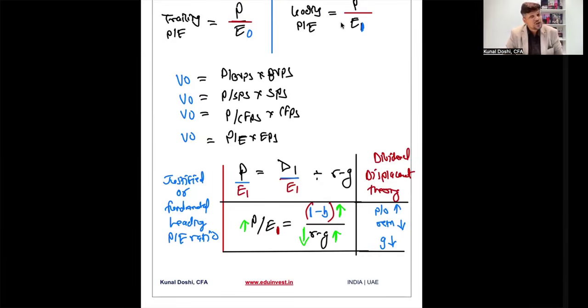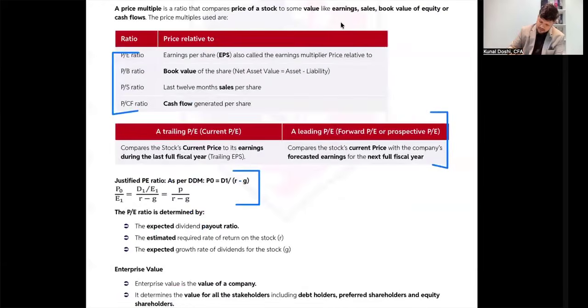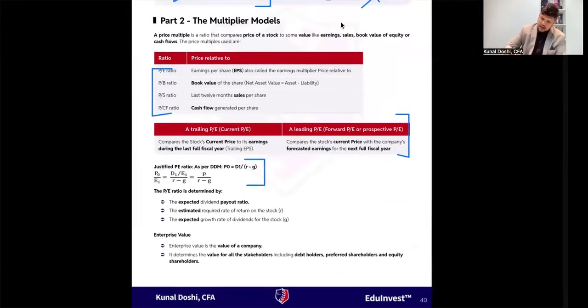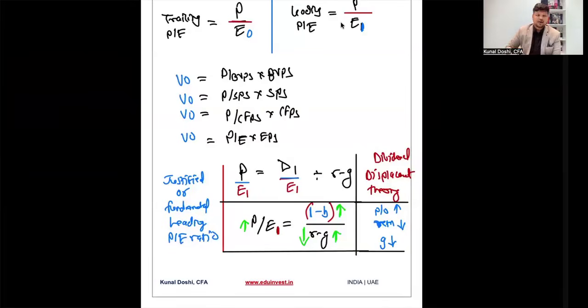Higher payout reduces my retention ratio and reduces my growth. This concept is called dividend displacement theory, because higher dividend will displace your growth. All good? Dividend displacement theory.